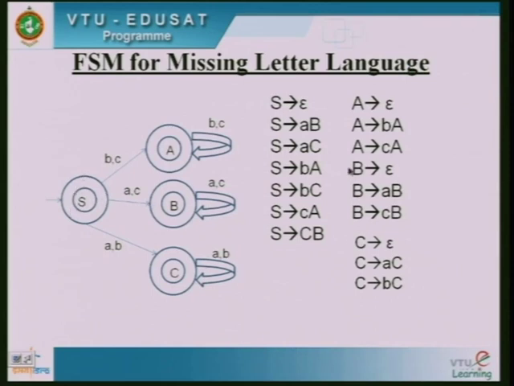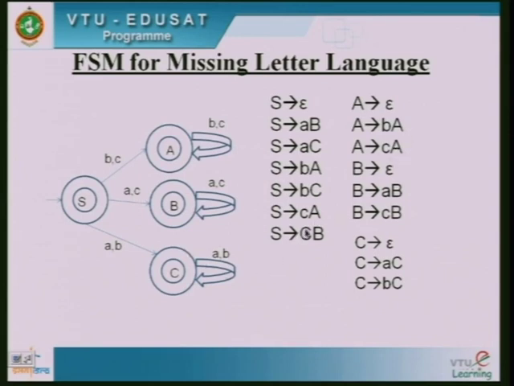Next S derives AB, AC. Likewise S derives BA, BC. For all that, the algorithm was defined previously, no? In the same way you write the transitions.